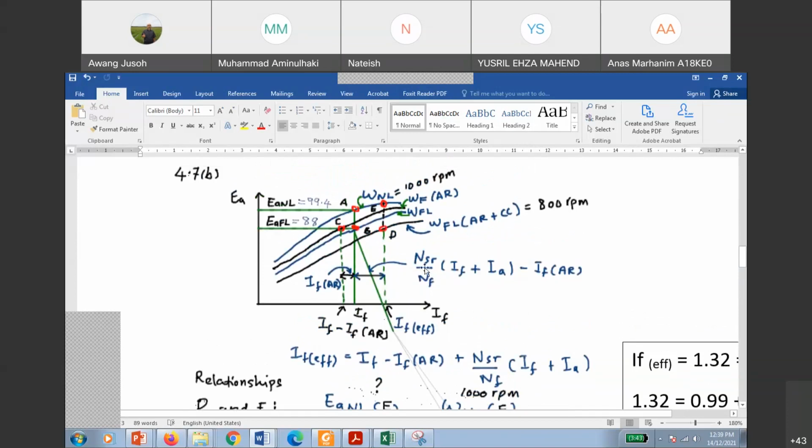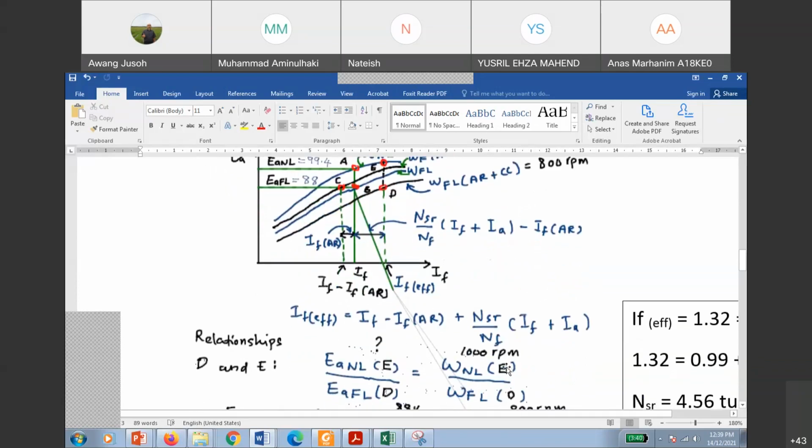I effective equals IF minus I effective armature reaction plus NSR over NF times IF plus IE, that we studied before. When we have a cumulative winding, we have this condition for the effective current. If cumulative, you use plus there, because you increase the flux. But if differential, you put minus there.